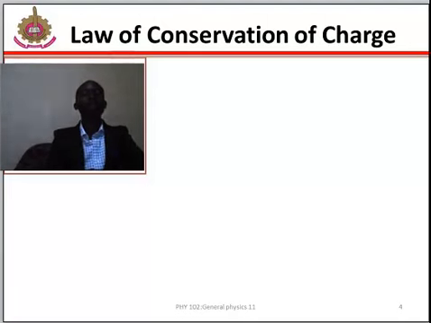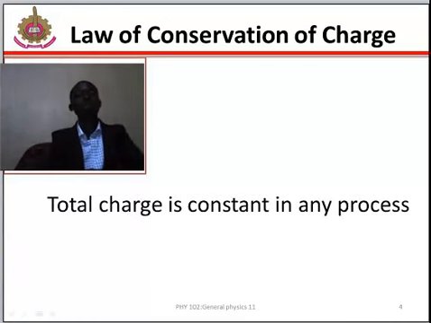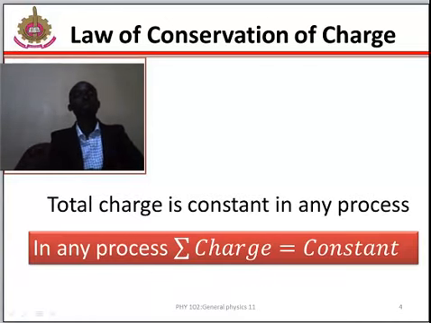You don't feel terribly strong electric forces most of the time because your positive and negative charges are exactly balanced. This universally obeyed law of nature is called the law of conservation of charge. Just like the law of conservation of energy, the law of conservation of charge states that the total amount of charge is constant in any system.